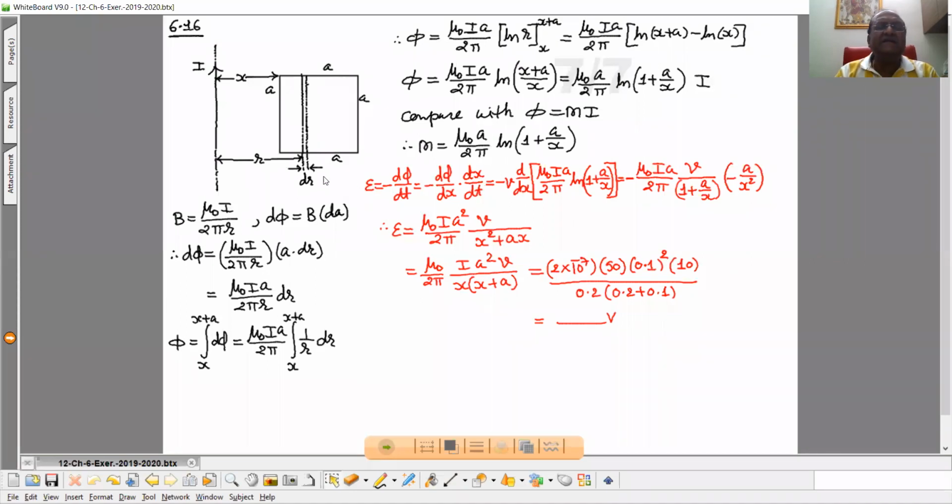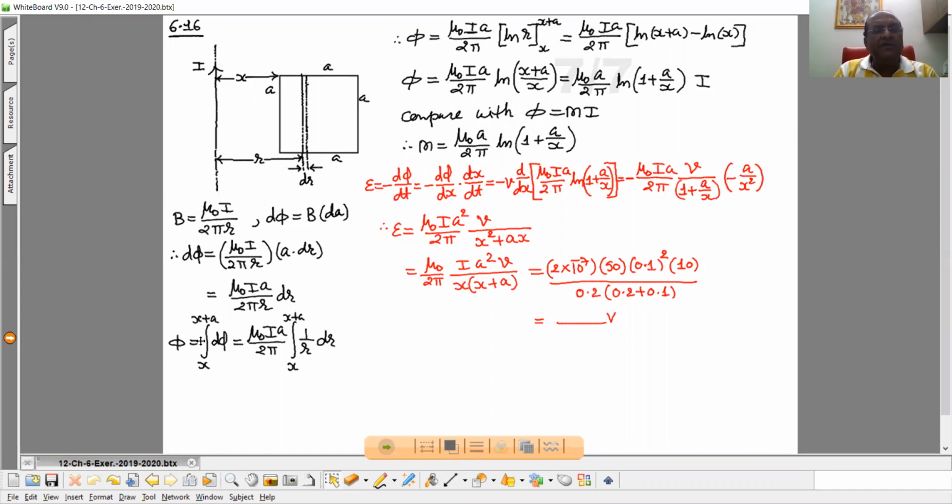It implies that the position of the strips is changing from x to x plus a. So to calculate the total flux passing through this square loop, we have to integrate this equation of d phi between the limits x to x plus a.